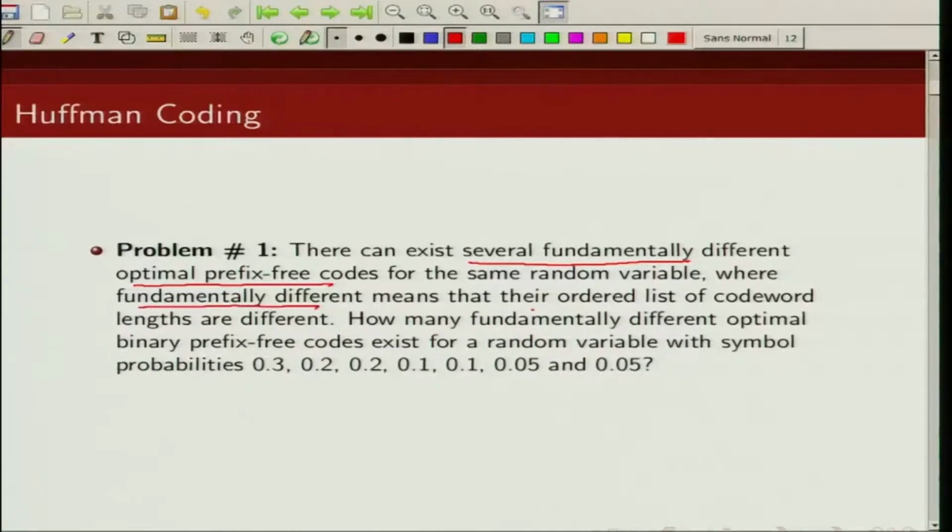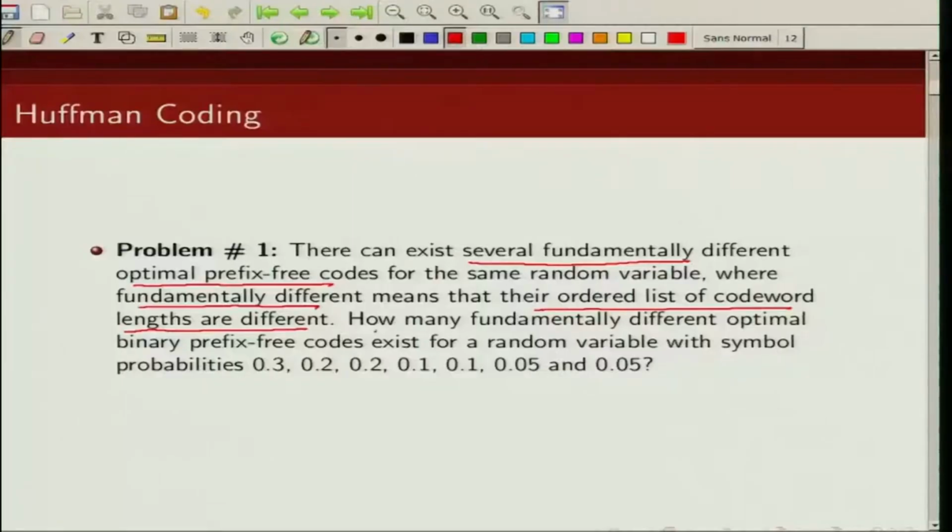If I write down the ordered list of code word lengths and that is different, then they are fundamentally different optimal prefix-free codes.